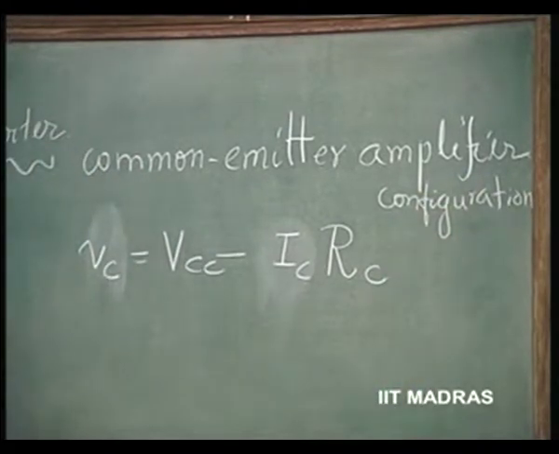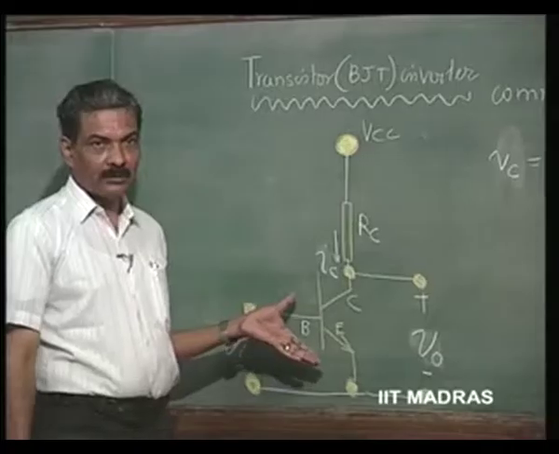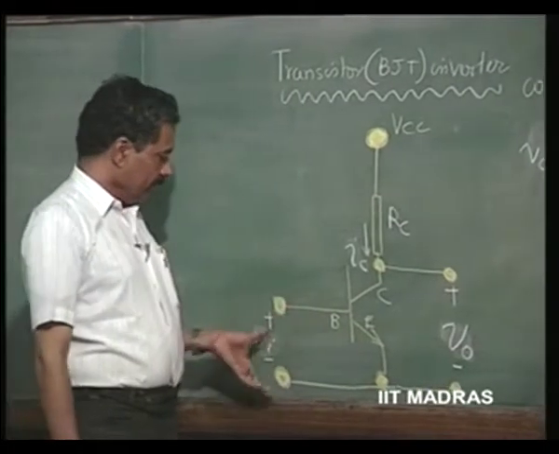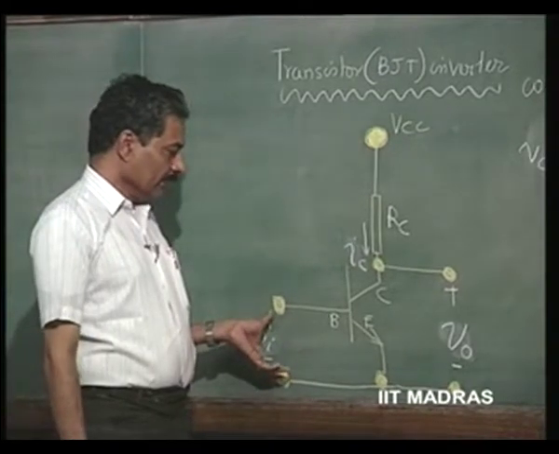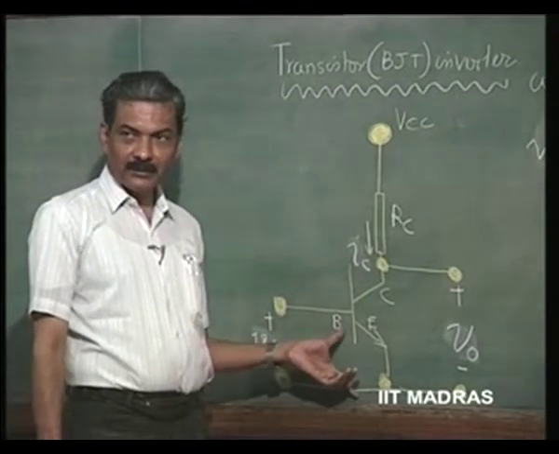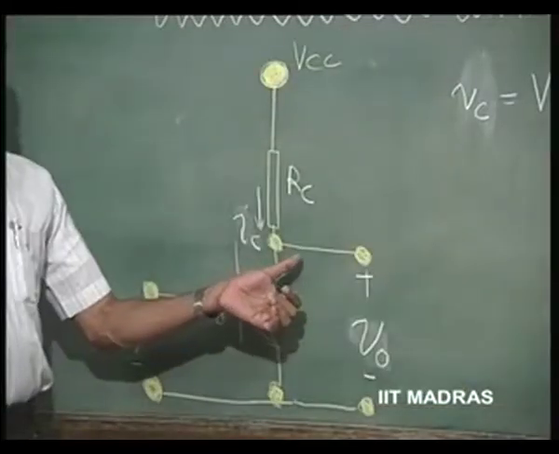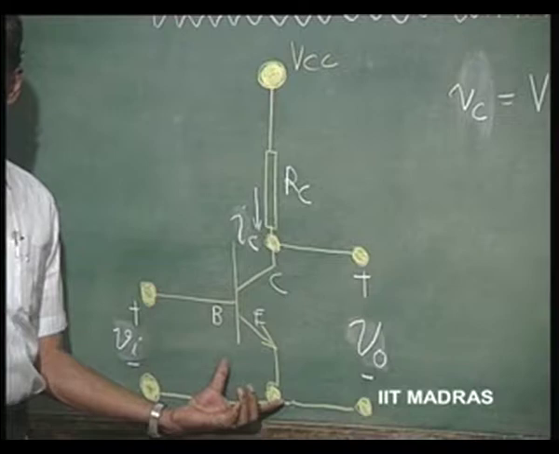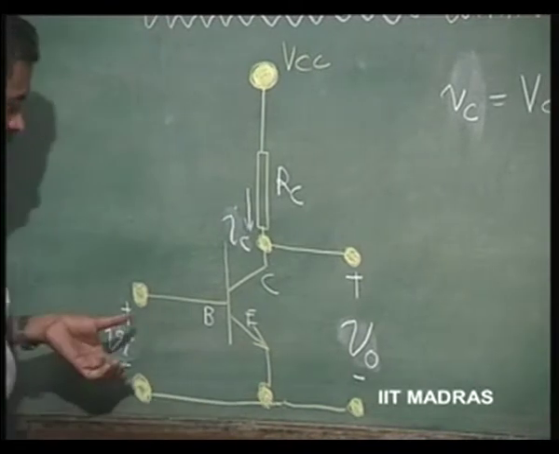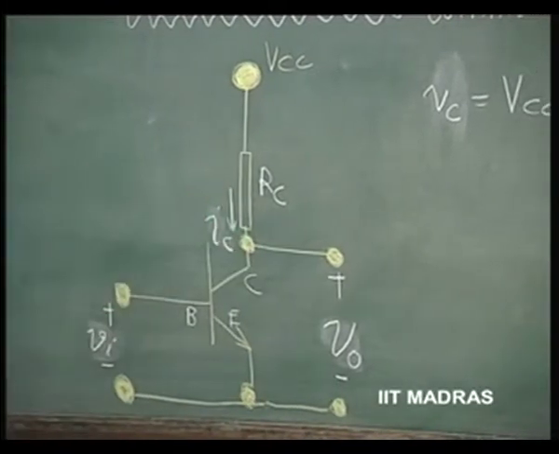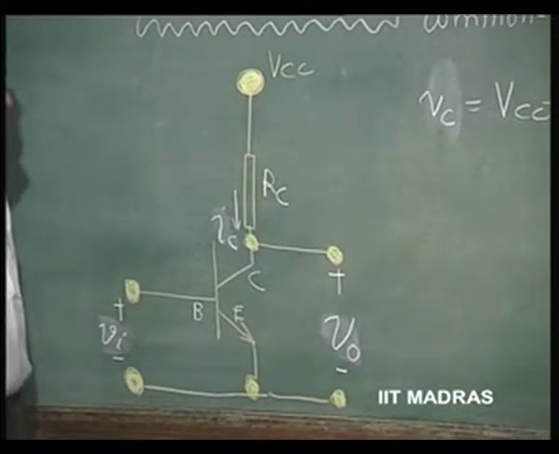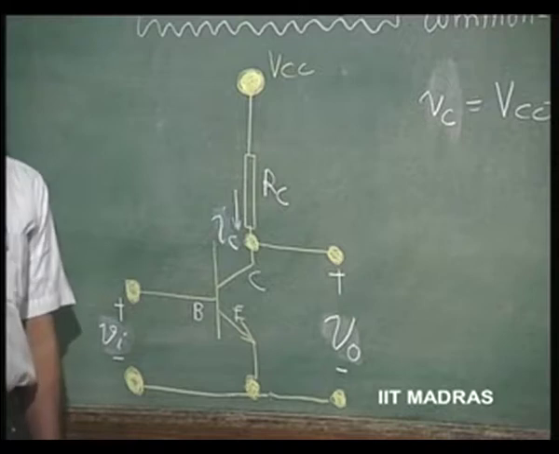We said input terminals correspond to base-emitter, output corresponds to collector-emitter, emitter being common, so it is called a common emitter amplifier. Now, the relationship between the output voltage and input voltage can be derived.